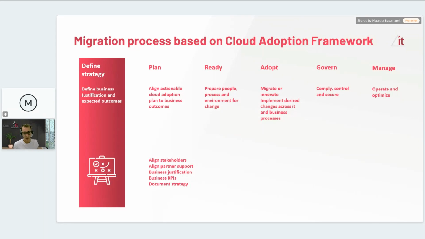So to sum up, this phase is very useful. And during that, we can use the tool called Cloud Journey Tracker. It is a framework that helps manage and visualize the migration.